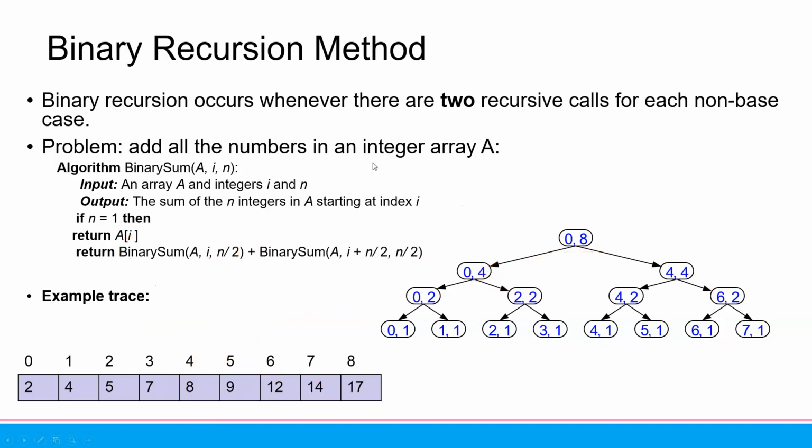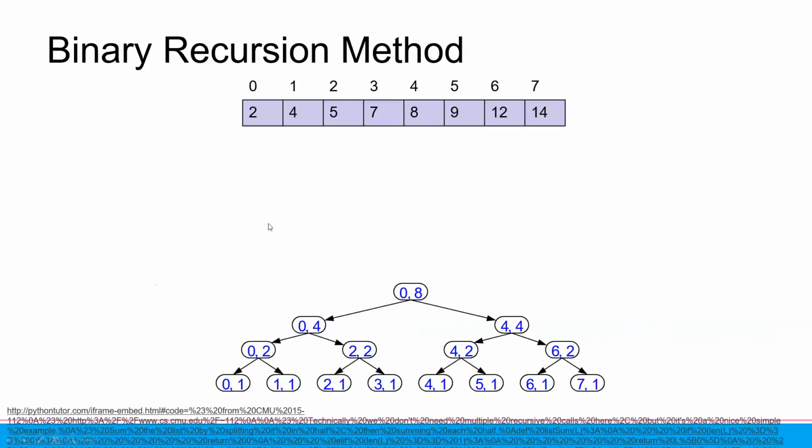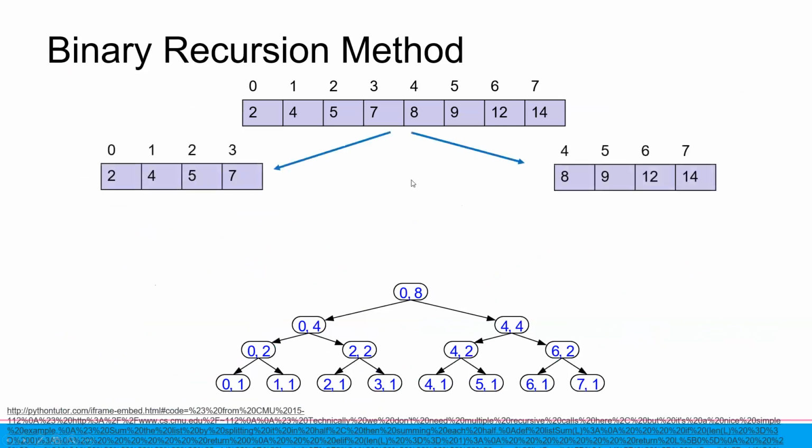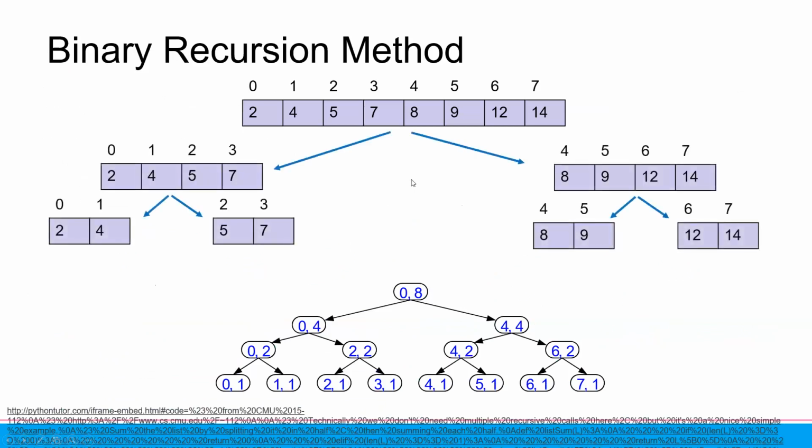Okay, so this is binary recursion because we have 2 recursive calls. Oh, okay, I show you this one. We can split, and then we can split again, and then we can do the summation.